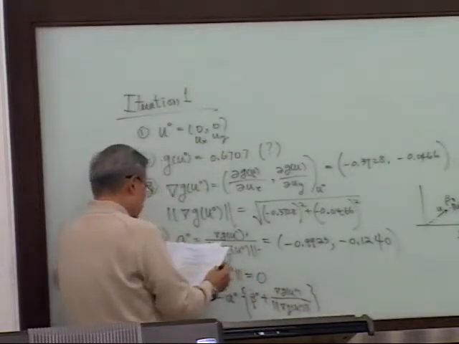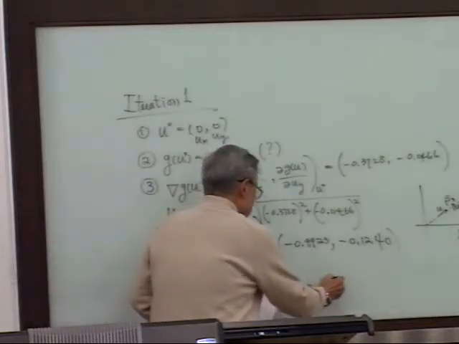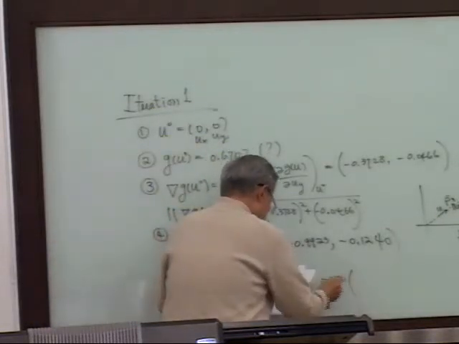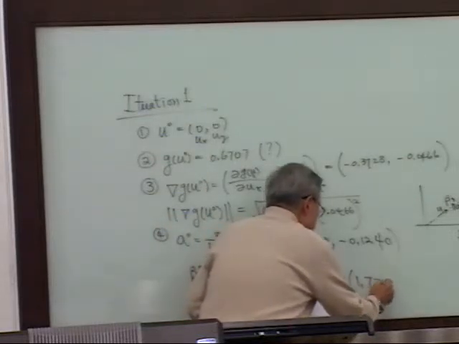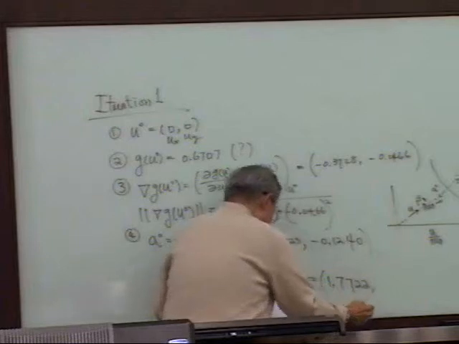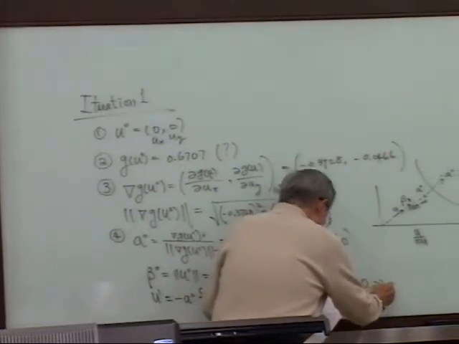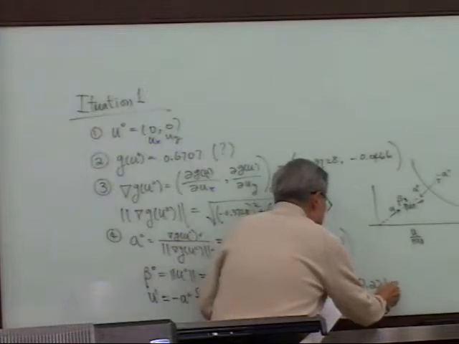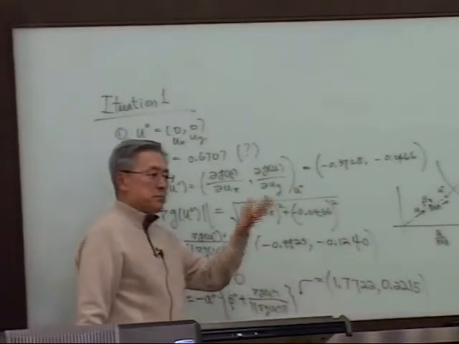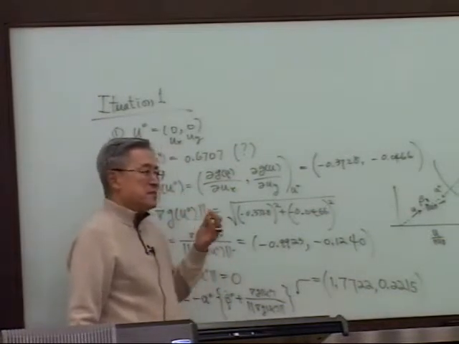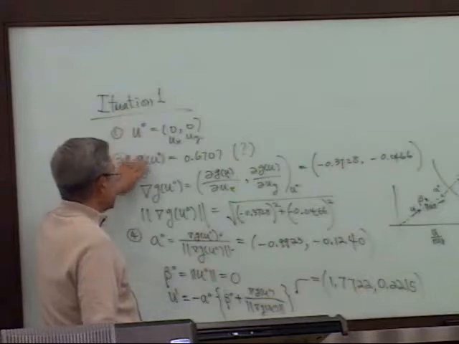If you do that, A naught you get here, and the value happens to be 1.7722, 0.2215. As a practice, when you put out the output, you can nicely format all these values.